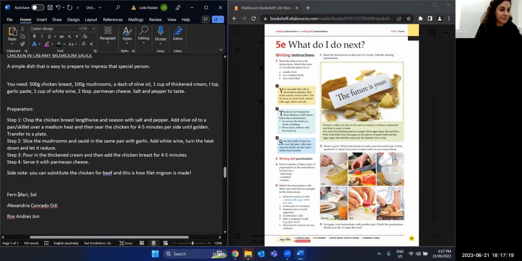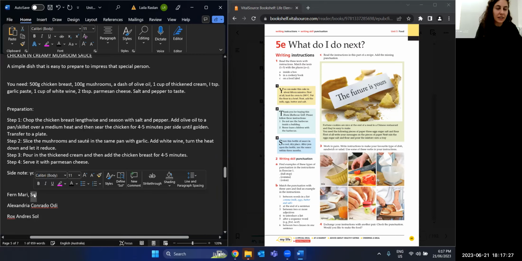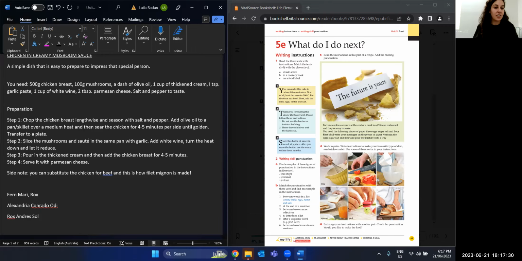Okay, that's your team. I'll put Solange here because I know Fernando and Solange worked last time with each other. Okay, so sorry, I changed it. Who's missing now? Conrado. No? Fernando? Andres? Van? Yeah, he's doing a test. Okay, that's your team. Okay, so write a recipe and we'll check it in a moment.